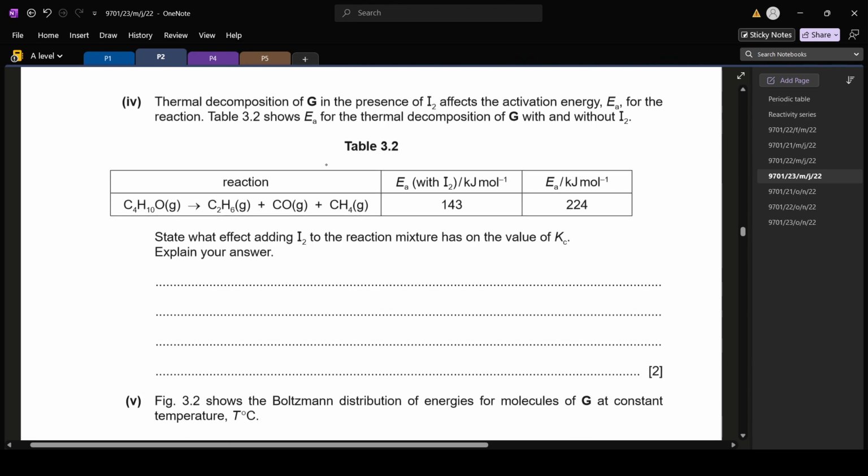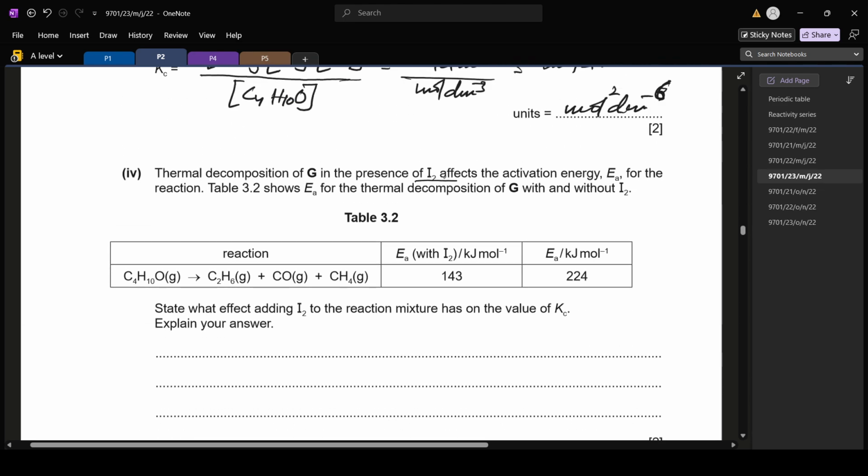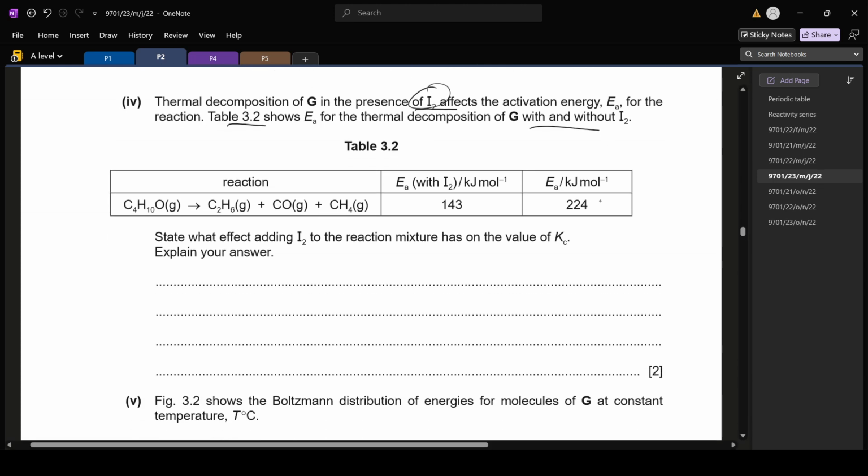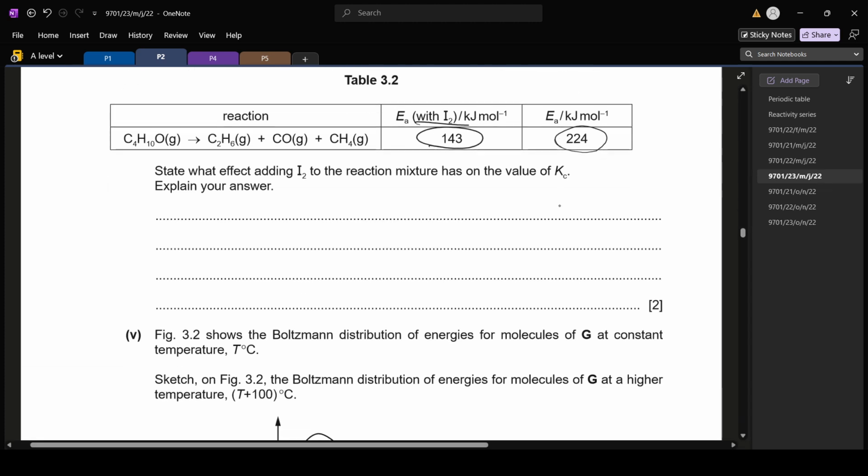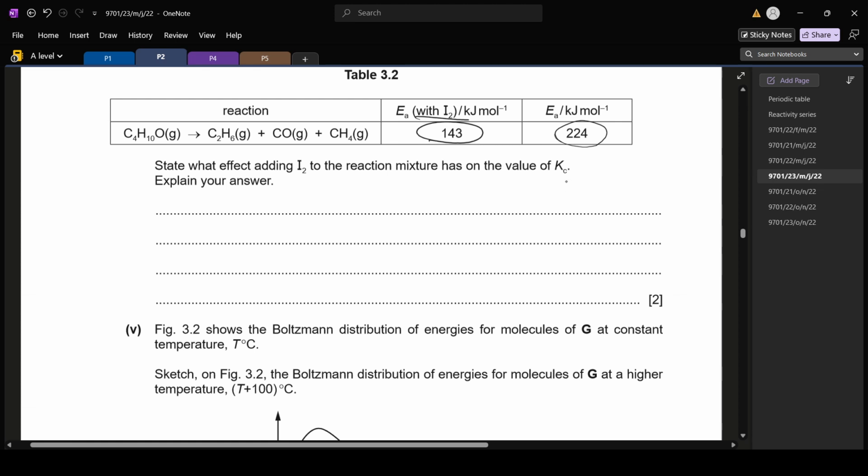Part 4. Thermal decomposition of G in the presence of iodine affects the activation energy for the reaction. Okay, table 3.1 shows the activation energy for the thermal decomposition of G with and without iodine. So with iodine the activation energy is low, and without iodine the activation energy is high. So what effect does adding iodine to the reaction mixture have on the value of Kc?